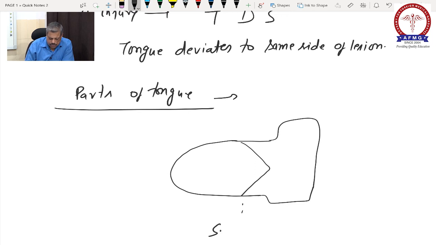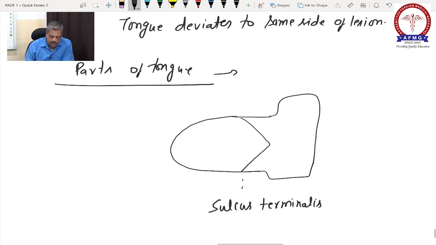This sulcus is known as the sulcus terminalis. T for tongue, T for terminalis. So this is the sulcus terminalis. It divides the tongue into two parts. This is the anterior 2/3. This is posterior 1/3. So anterior 2/3 of tongue, this is known as the body of tongue.